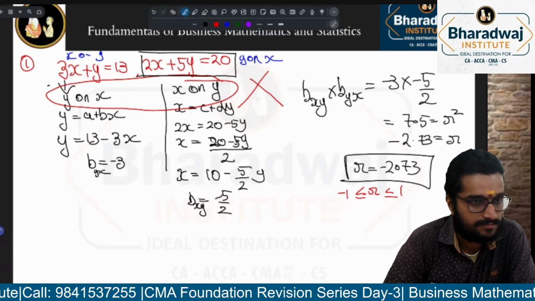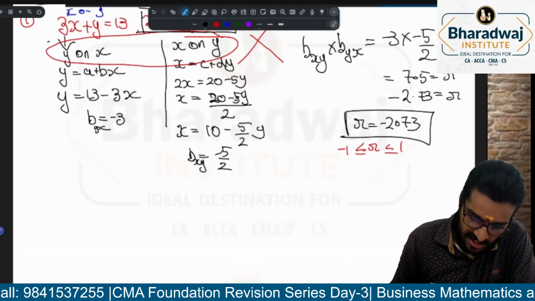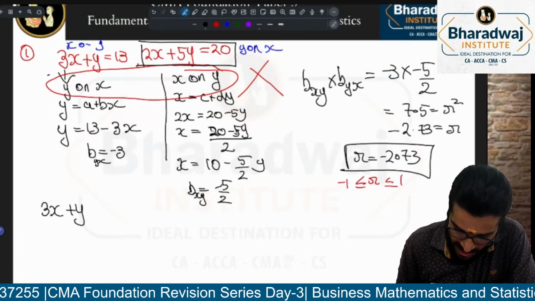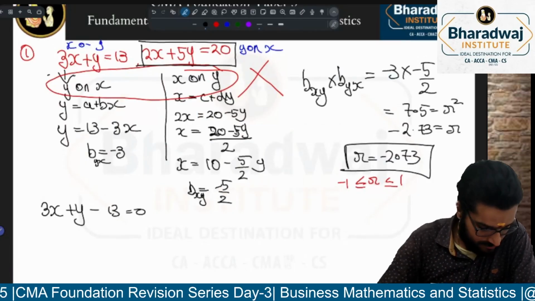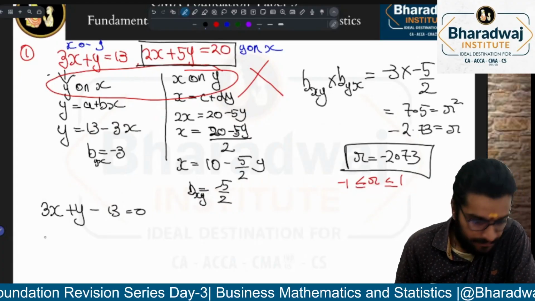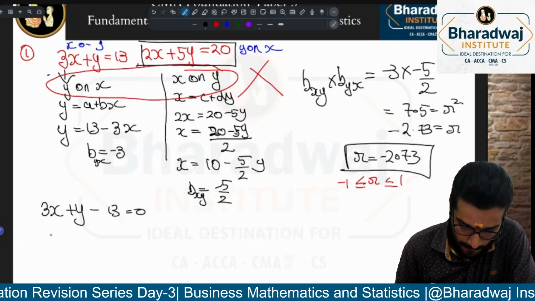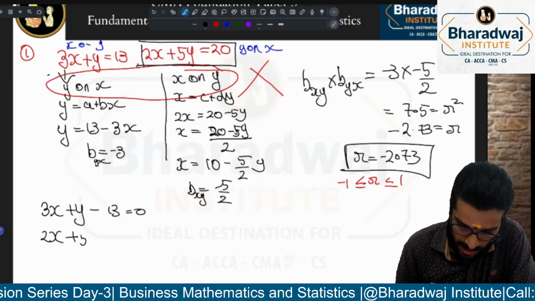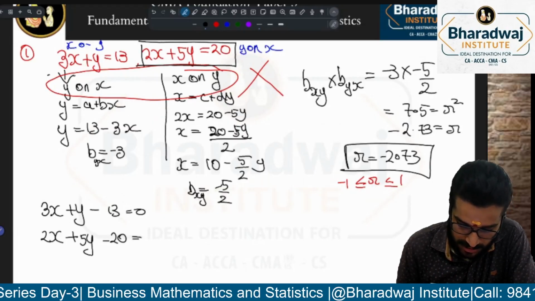Yes. I am taking the very first equation as 3x plus y minus 13 is equal to 0, and the next one as 2x plus 5y minus 20 equal to 0.